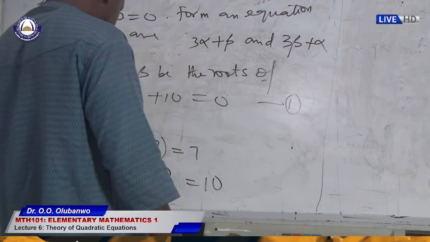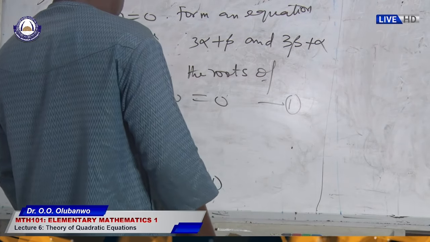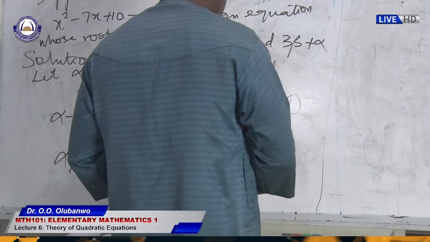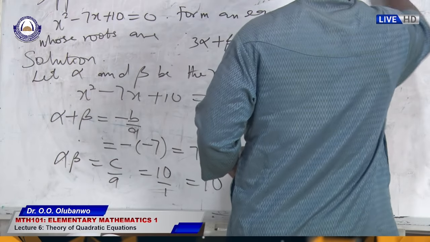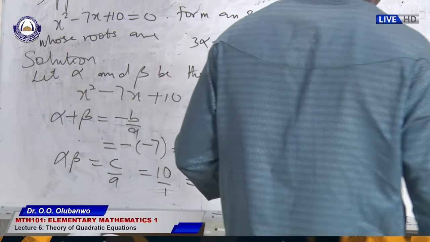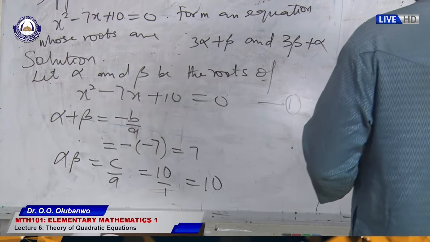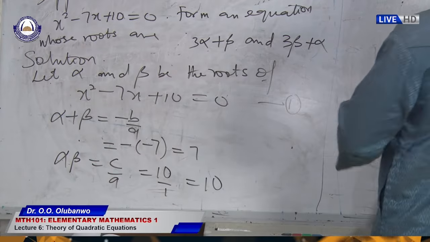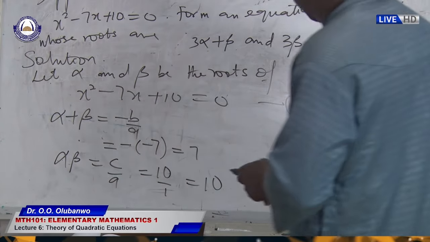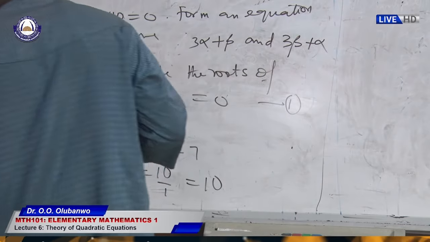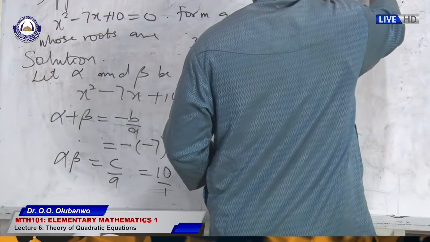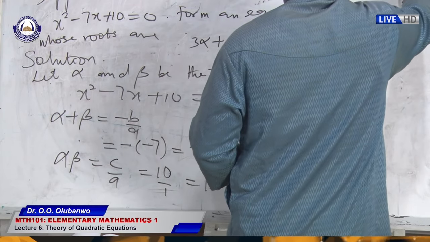Now, we are forming another equation. We have to form another equation whose roots are 3 alpha plus beta and 3 beta plus alpha. The first thing we need to do is look at the sum of the roots and the product of the roots.